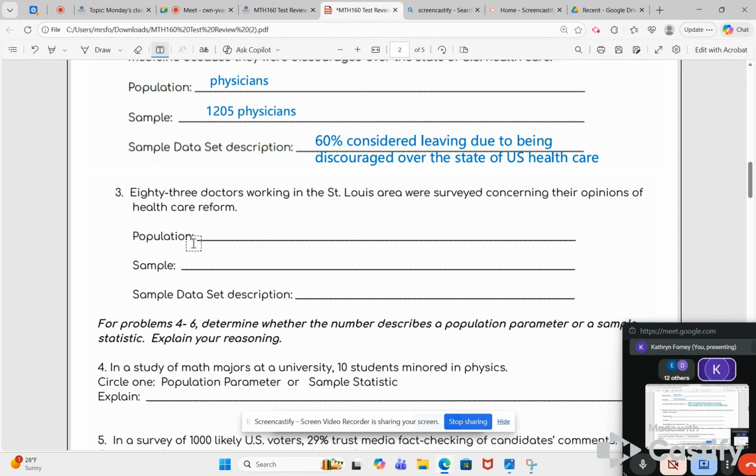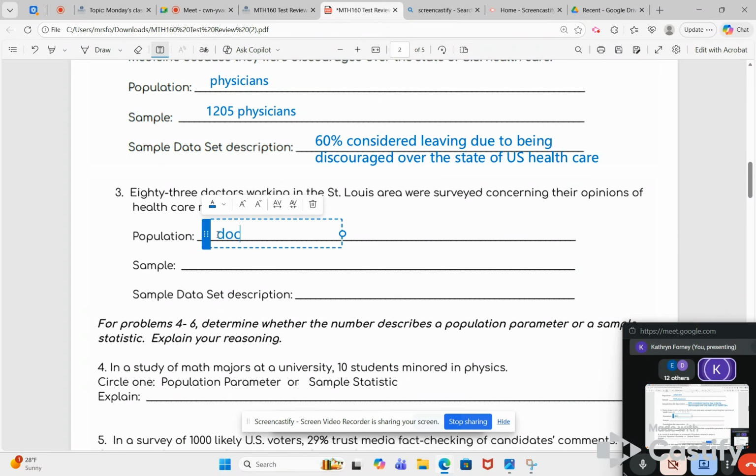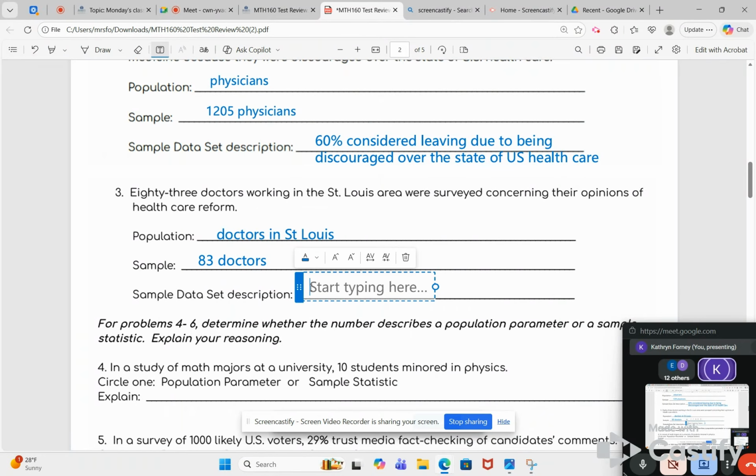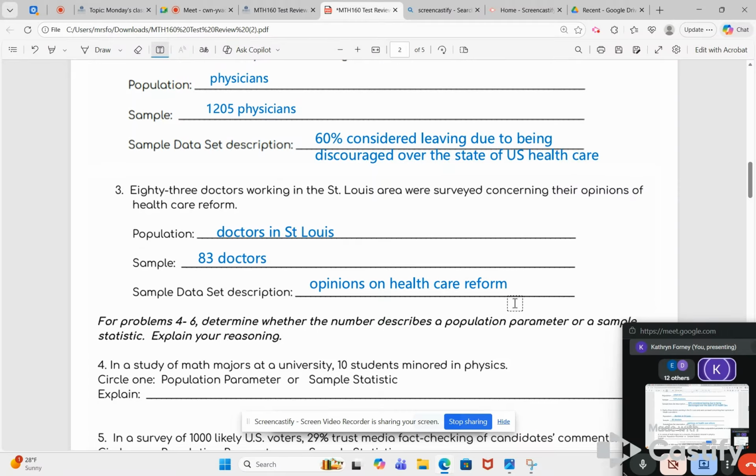The population is doctors in St. Louis, and they chose 83 doctors. What do they want to find out? Opinions on healthcare reform. It didn't give us the results, so what we want to know is the opinions on healthcare reforms.